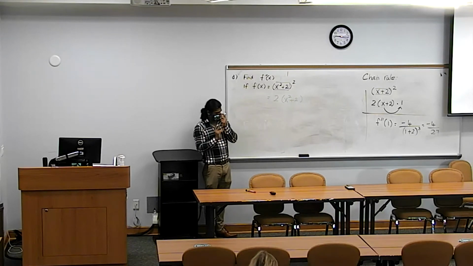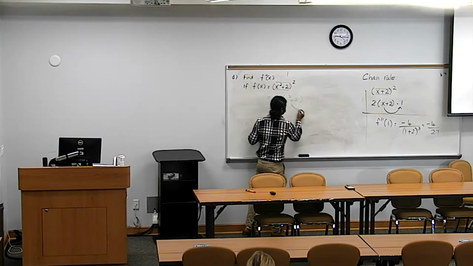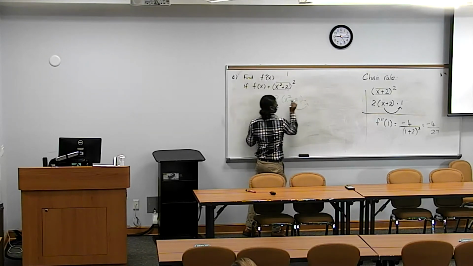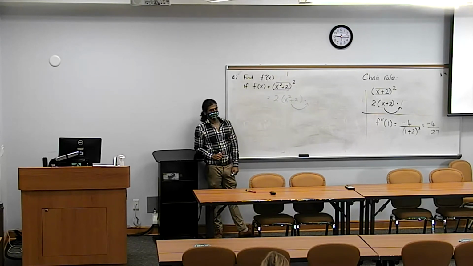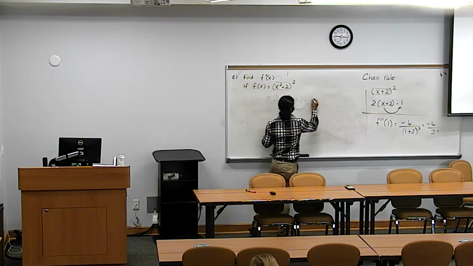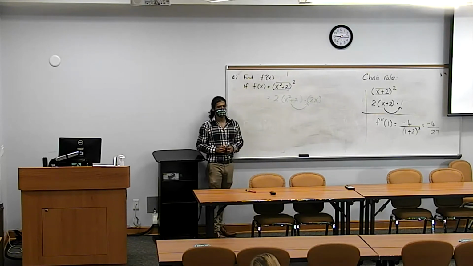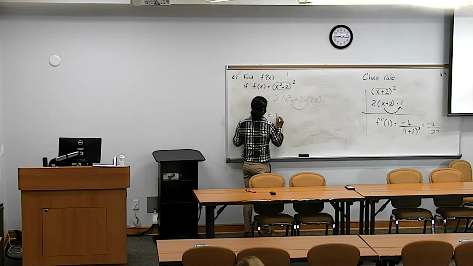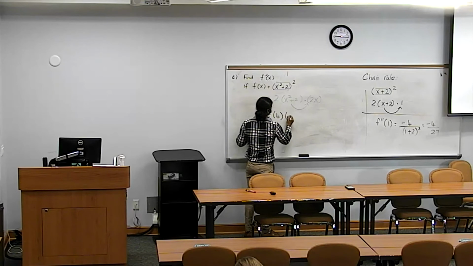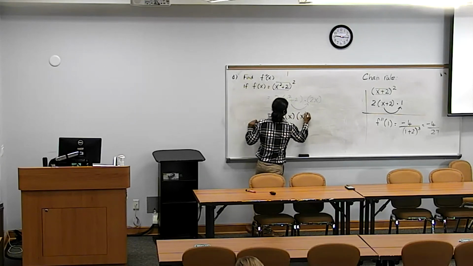What should we do? We have to multiply by the derivative of whatever is inside. What is the derivative of x squared plus 2? 2x. Good. So 2 times 2 is 4, multiplied by x, multiplied by x squared plus 2.